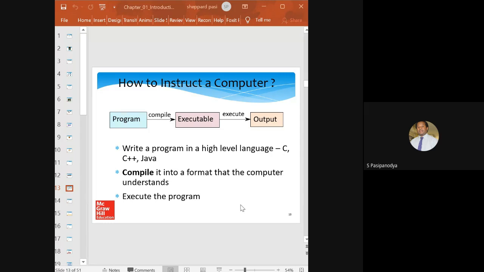For example, we write a program that displays hello world. We put that into the compiler and give it to the computer. The computer creates an executable upon saving the file. Then we take the file onto our desktop, double click it to execute it, and the output is going to be hello world.